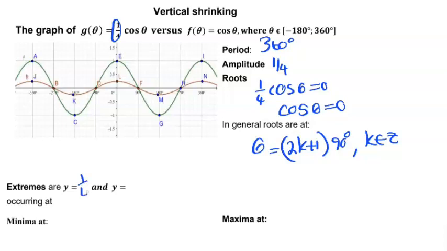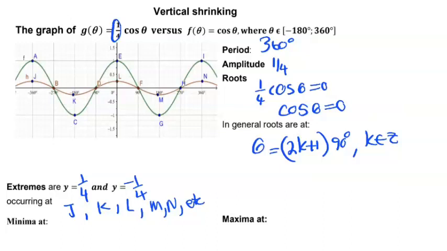The extremes are now plus a quarter and minus a quarter, and they occur here at J and K and L and M and N, etc. So for all the minima, we can again write down any minimum value.